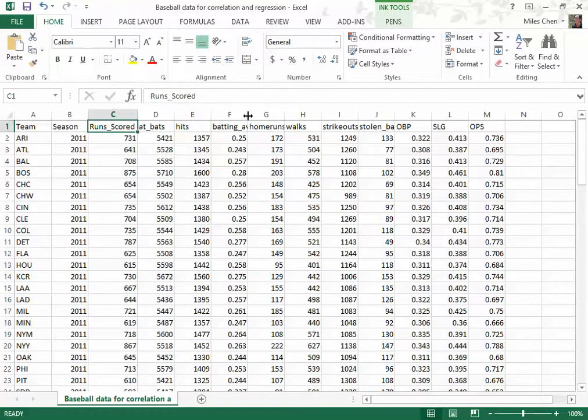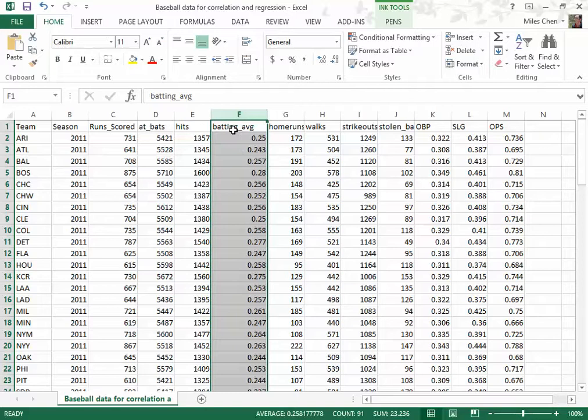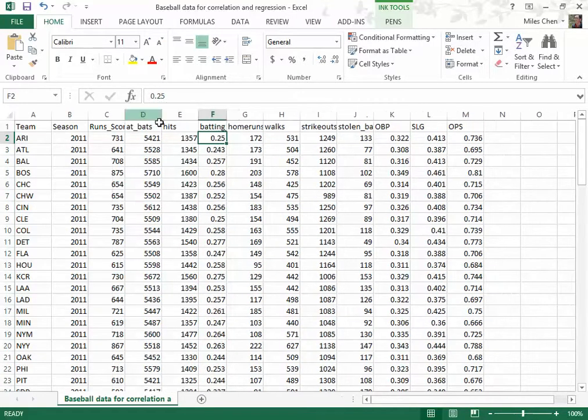And we can look at things like batting average. Are you guys familiar with what a batting average is? It's a measure of how often the person hits the ball when they're at bat. So we can create a correlation between runs scored and batting average. What kind of value do you think we'll see for the correlation between batting average and the total number of runs scored?